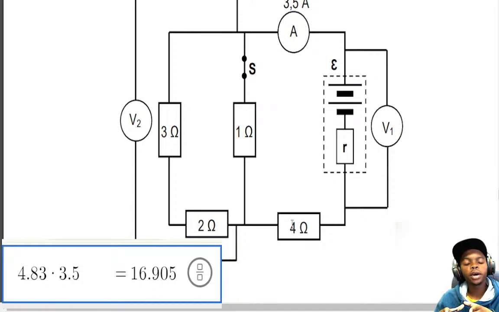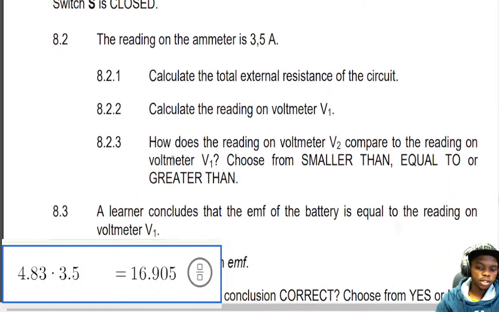But the one across a resistor is only across that resistor, not necessarily across all the other resistors. So already we can see that V1 is definitely going to be bigger than V2. The question says, how does the reading on voltmeter V2 compare to the reading on voltmeter V1? Choose from smaller than, equal to, or greater than. Then our answer will be smaller than.